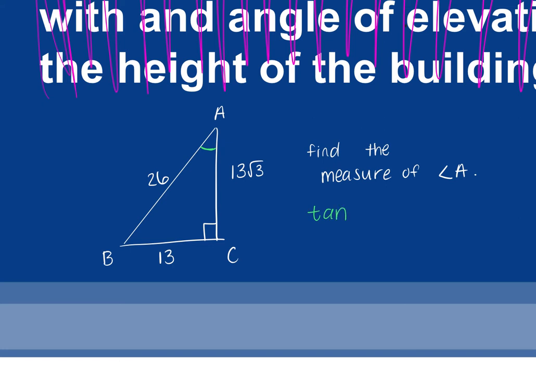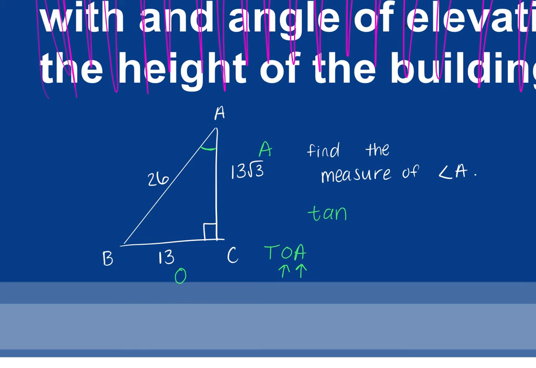So tangent, who remembers the letters for tangent? It's T, O, and A. So let's look at angle A. What does O stand for? Opposite. What's opposite A? 13. So put an O next to 13. What does A stand for? Adjacent. What is adjacent to angle A? 13 square root 3. So put an A next to that one.